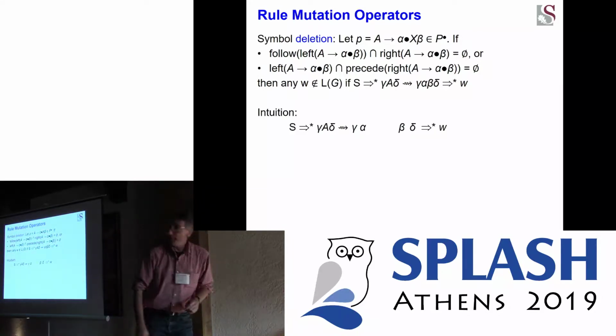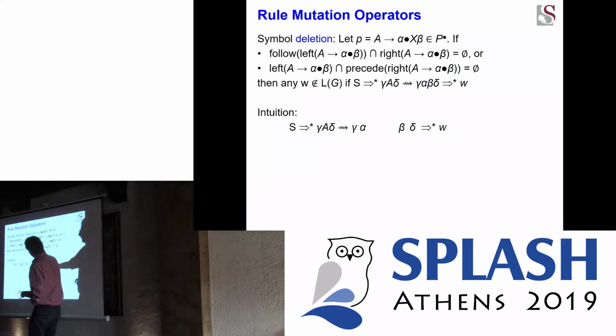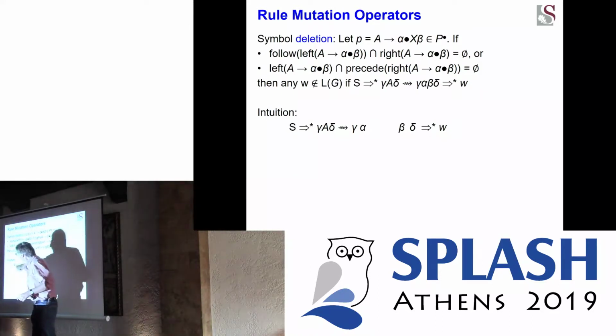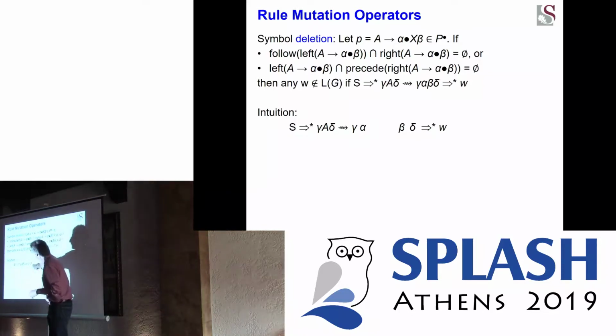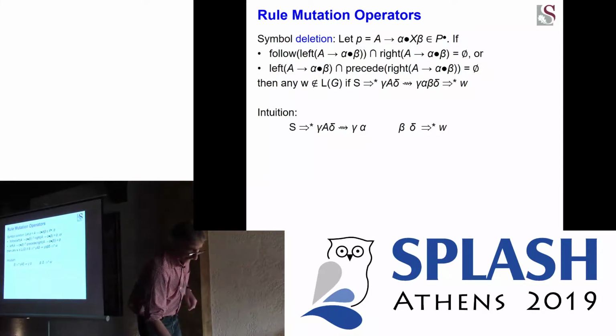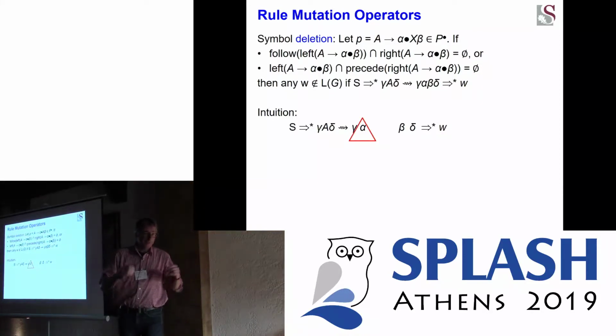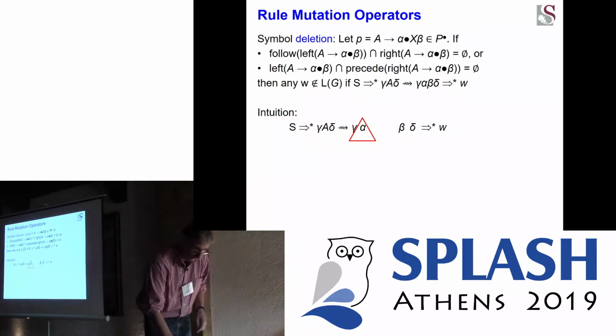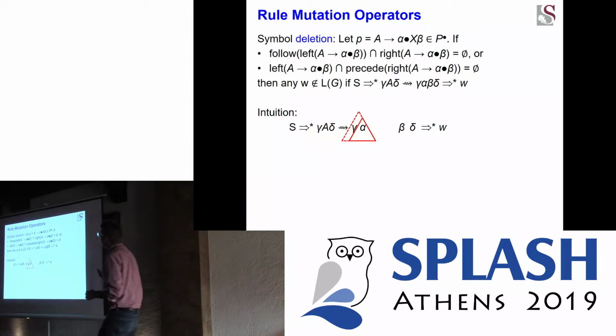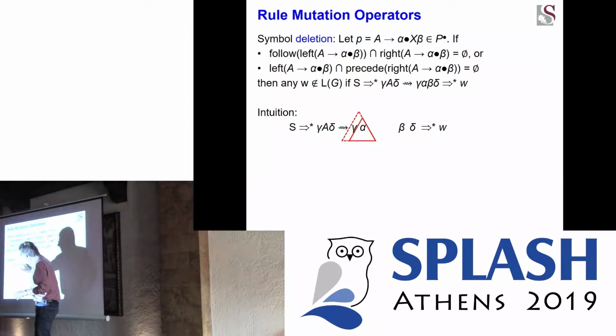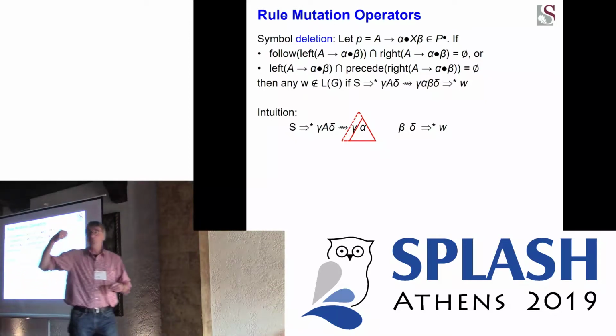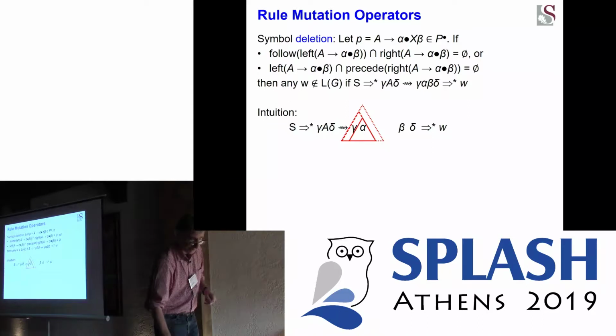So what's the intuition here? We have this derivation going from S in the grammar to gamma A delta. And then we are applying this modified rule, A goes to alpha beta delta. Right? So the idea is that we take the yield of alpha, and then whatever can precede alpha, and whatever can follow that set of terminals.